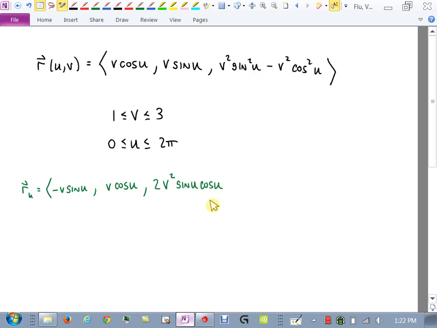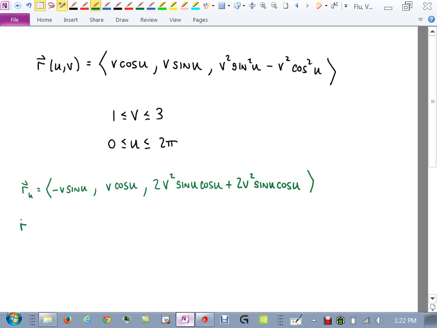Then again, the next piece, derivative of this, positive 2V squared. I can write sine U cosine U again, right? Doesn't matter which order those are in. That's just partial with respect to U.